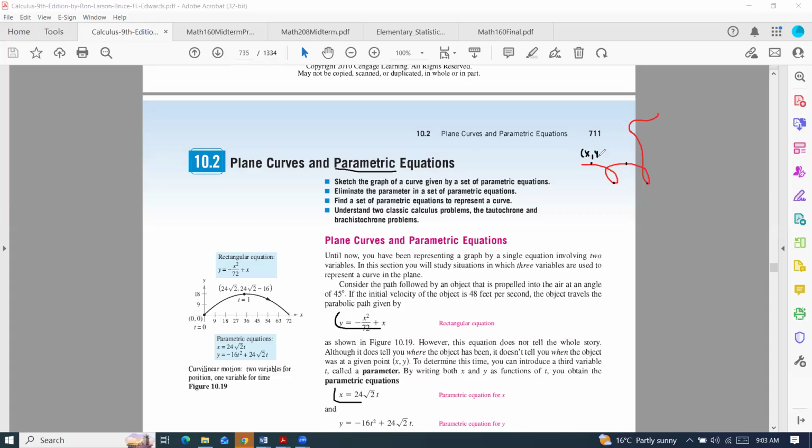Every point on the xy plane is indeed with coordinates x and y, but they will both be functions of t. So there'd be a function y of t and a function x of t, both separate functions.